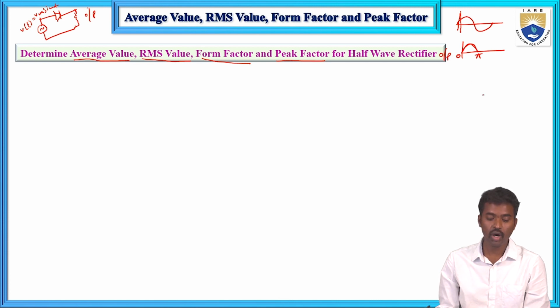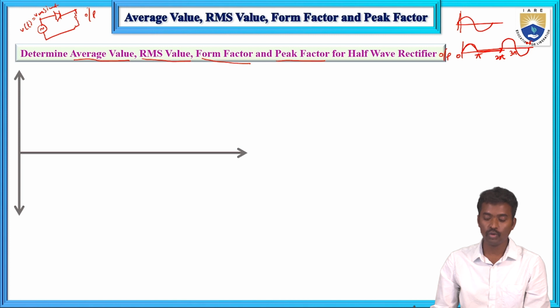In the negative half cycle, the diode is in reverse bias, and the output voltage value is 0. Next, from 2 pi to 3 pi, the diode is again in forward bias, and from 3 pi to 4 pi the diode is in reverse bias and the value is 0.